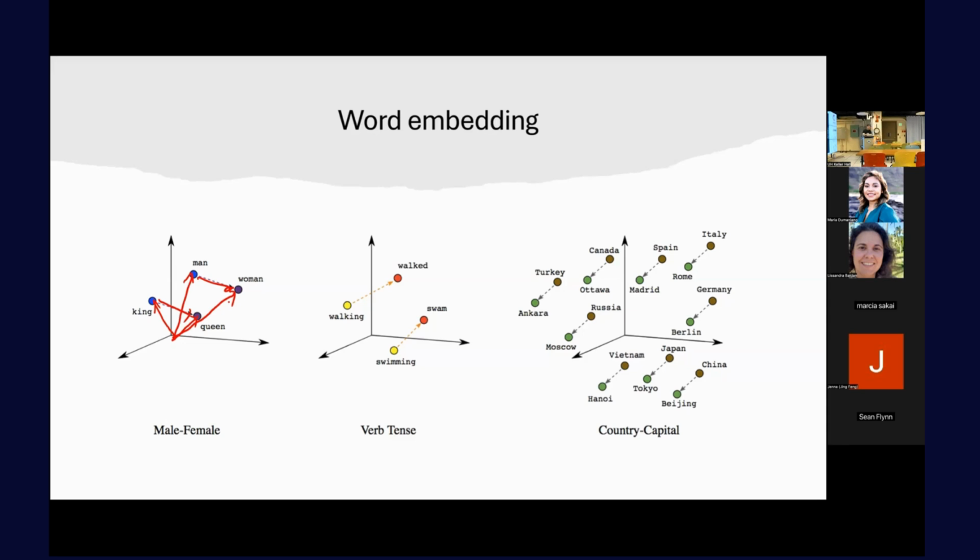So it probably means something too, that we can understand. King and queen, what is the difference? Gender. Man and woman, the difference is gender. So now we can understand this as a vector that represents gender. So you can do all this math, addition and subtraction of those vectors, and the results are vectors with meaning. It starts to become interesting.